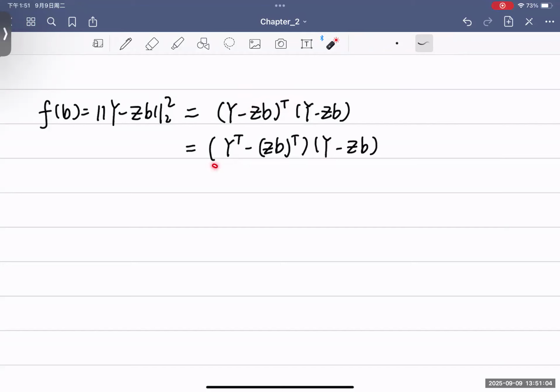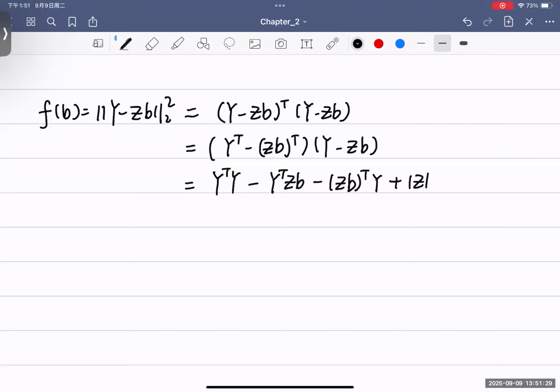So we conduct this multiplication. First we use y transpose times y and zb, so we obtain y transpose y minus y transpose zb. The second one is minus zb transpose times y. And the last one is zb transpose times zb.